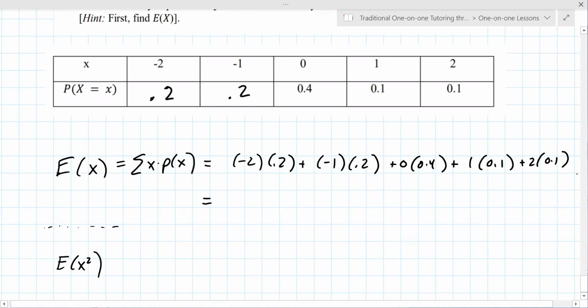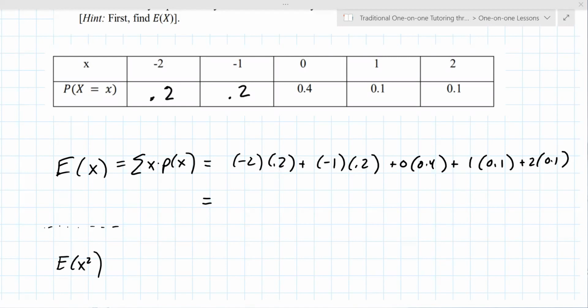One second. This just takes forever to enter in.